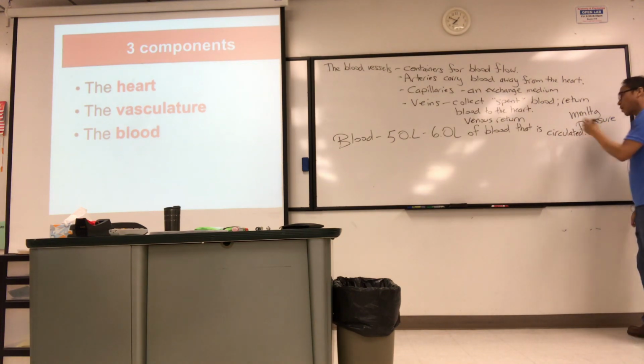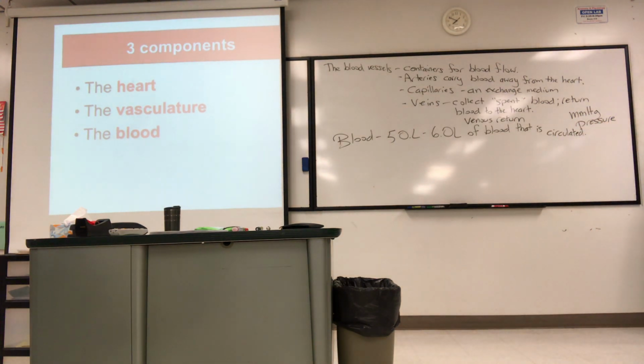It could double for a pregnant mom. That's not very much. 5 or 6 liters. If you're hemorrhaging, you lose 1 liter. You start to go into shock. So it's kind of precious. You don't want to lose any blood, right?